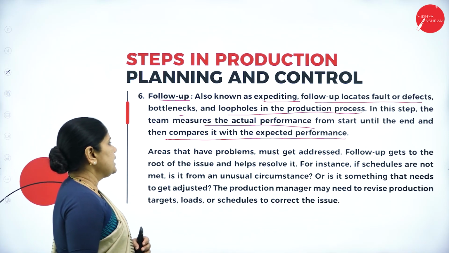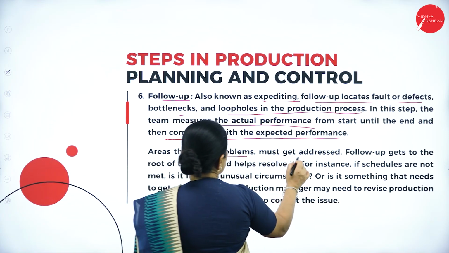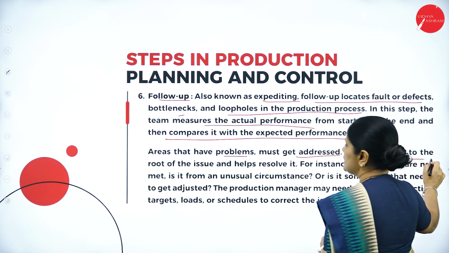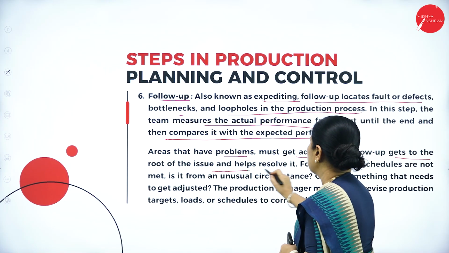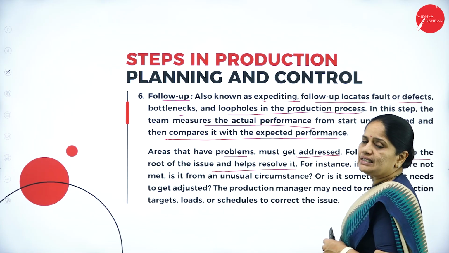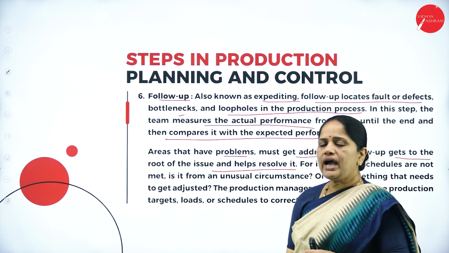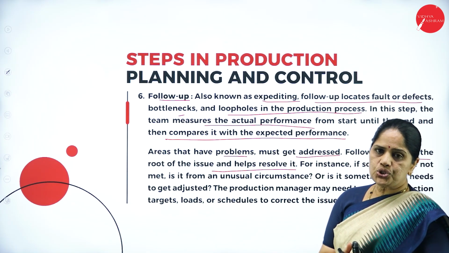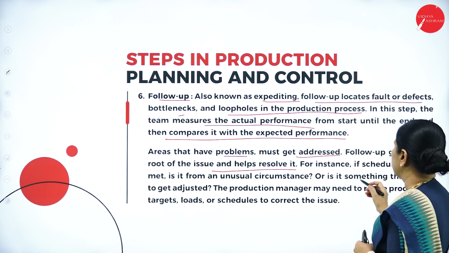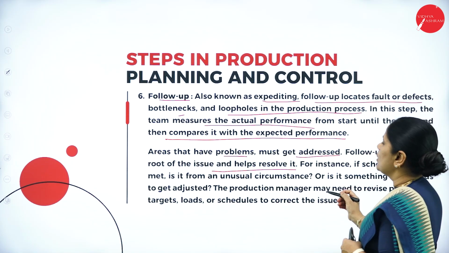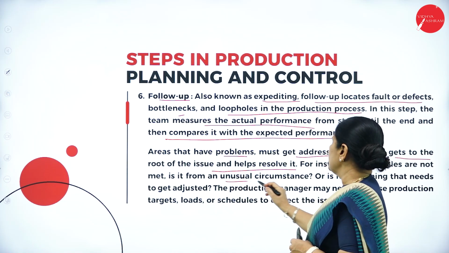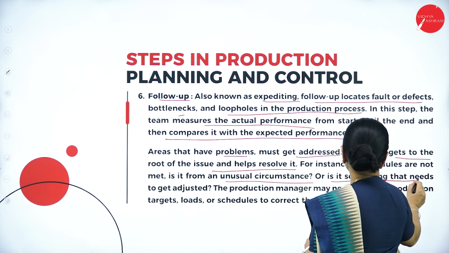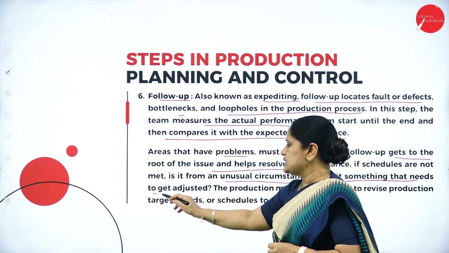So, areas that have problems must get addressed. Follow-up gets to the root of the issue and helps resolve it. So when there are any problems, you have to see why the problems have erupted and what is the solution to each of the problems. For instance, if schedules are not met, is it from unusual circumstance or is it something that needs to get adjusted?